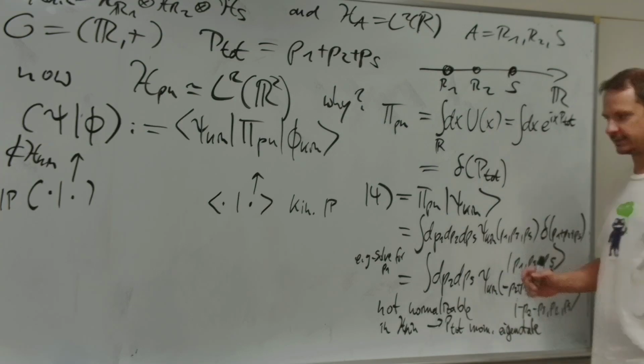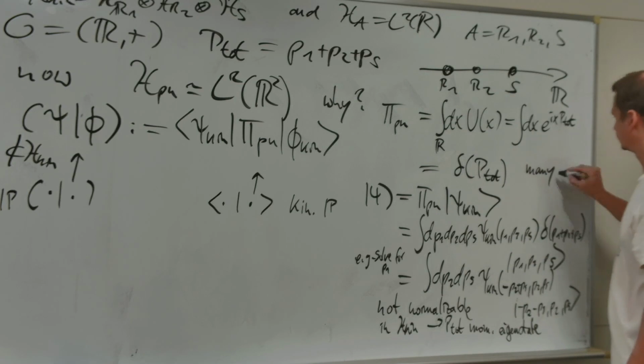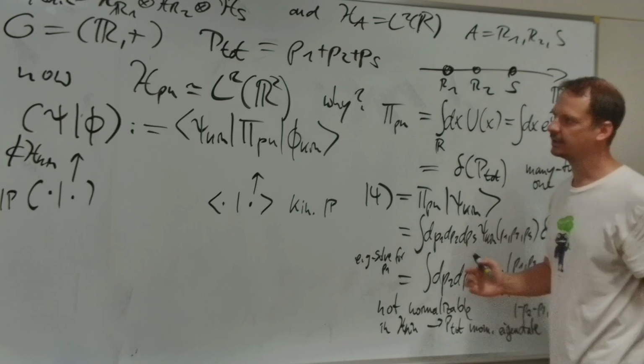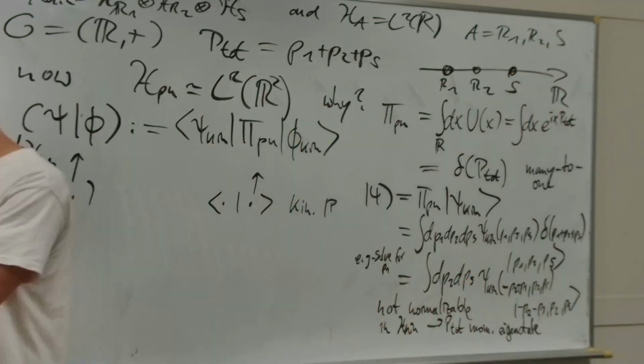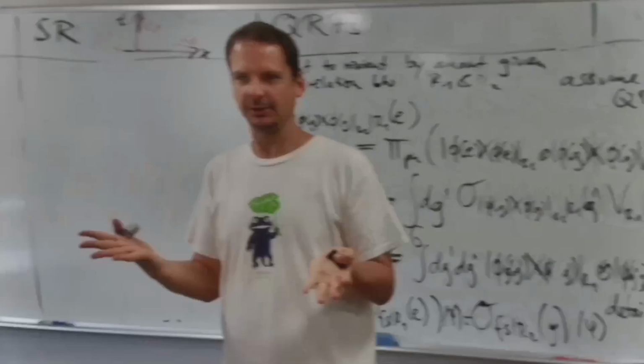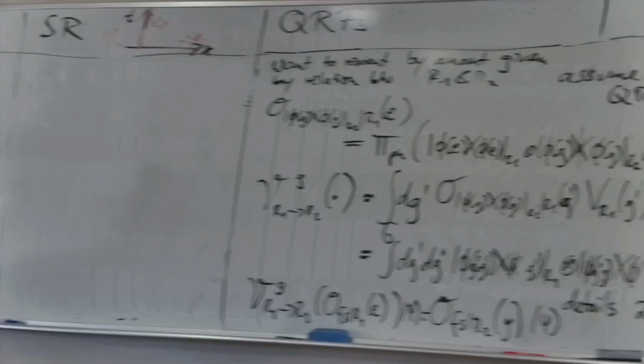Yeah? So this is a many to one. When you have a compact group and this pi pn is a literal projector on the kinematic Hilbert space to a subspace, it is also clear, right? You go to a subspace, it's a many to one relation. And so this here is no different.